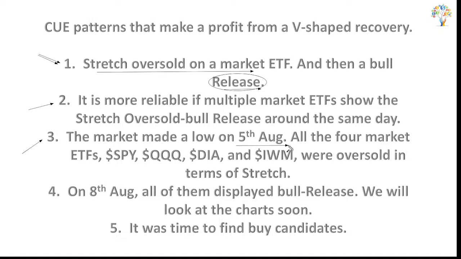We had to wait for a bull release that came on 8th August. All 4 market ETFs displayed bull release on the same day. We'll look at the chart soon. And that was a time to find buy candidates as far as stretch and release are concerned. But that is not the last of the patterns to profit from the V-shaped recovery.